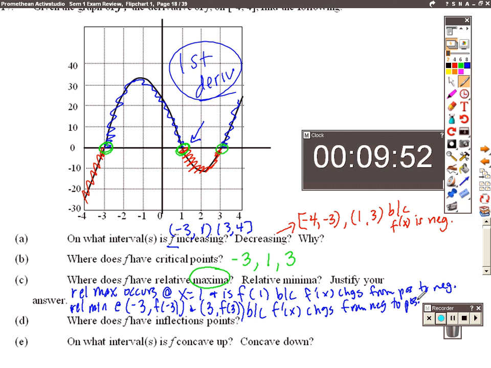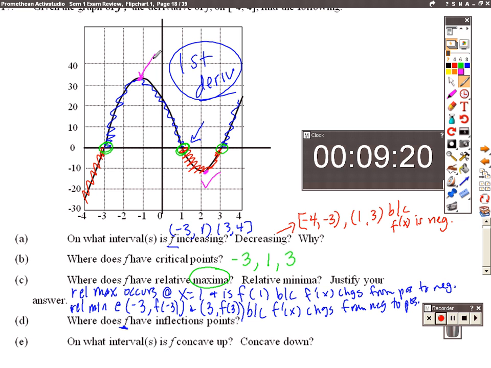Points of inflection. Remember, points of inflection on the original function occur where the first derivative has local maxes and local mins. So we're looking up here at a local maximum on the graph of the first derivative and a local minimum down here on the graph of the first derivative. So there would be a point of inflection at, let's see, what am I estimating that?